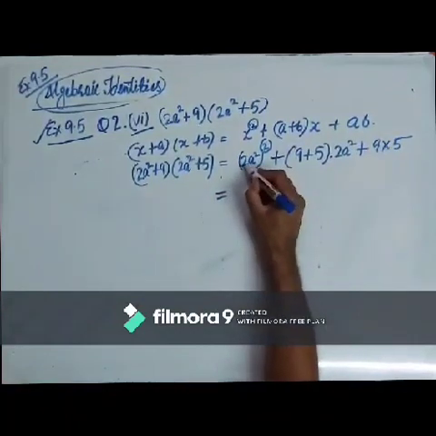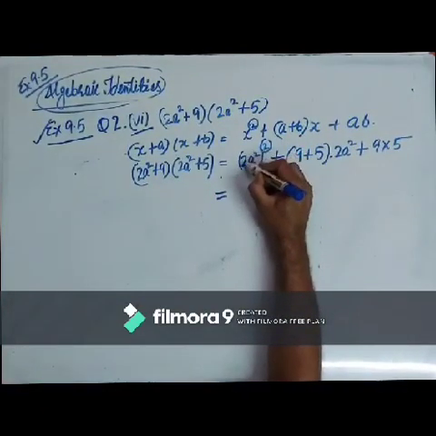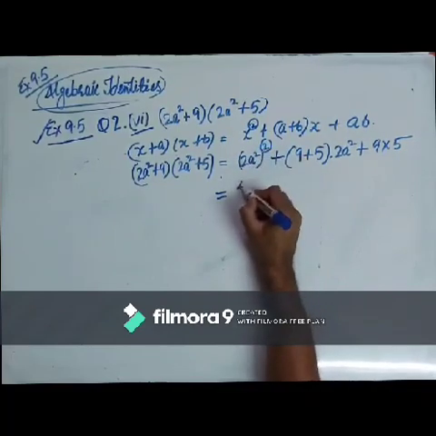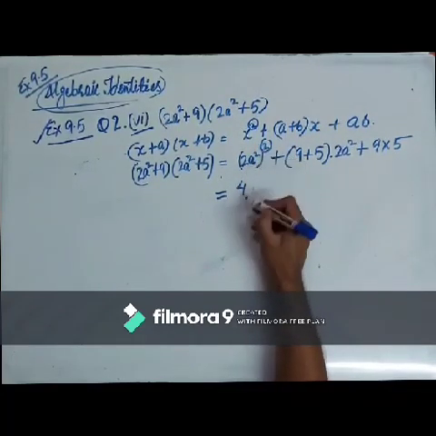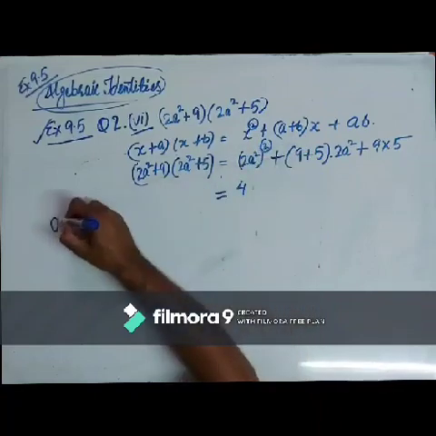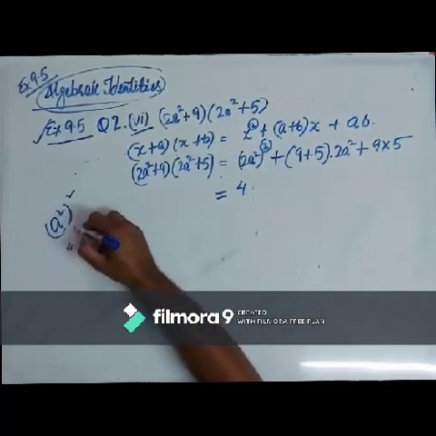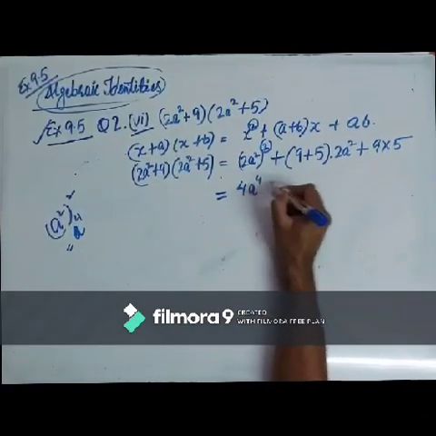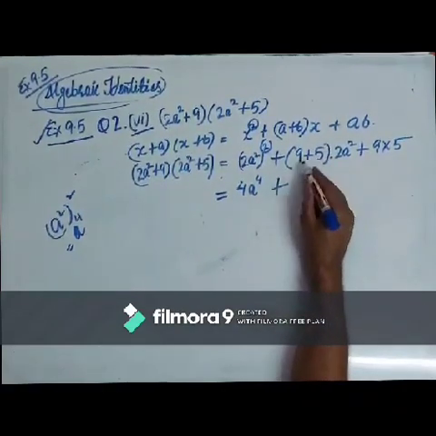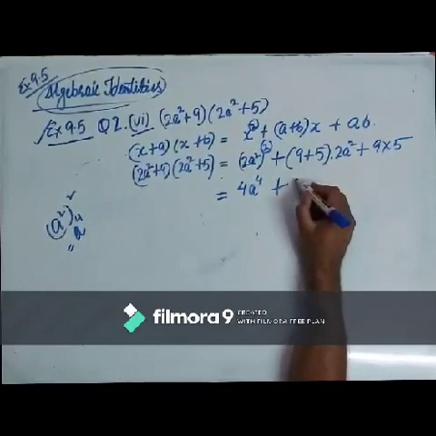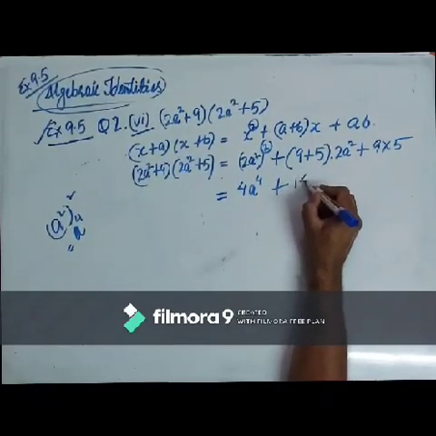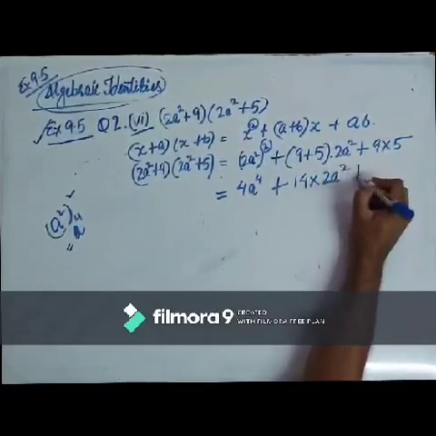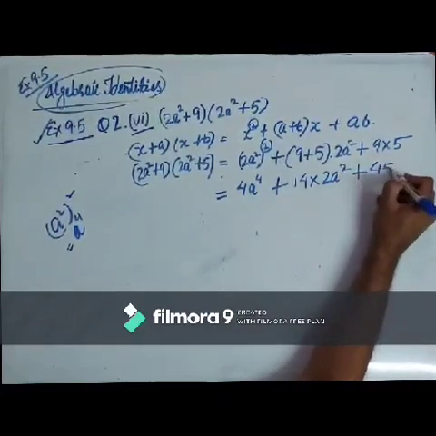So this is your 2 square. This square will not go to 2. This 2 will take up this one. 2 square is 4. A square square. This is a square square. What is a square square? This is a raised to power 4. So a raised to power 4 here plus 9 plus 4, right? 14 into 2a square plus 45.